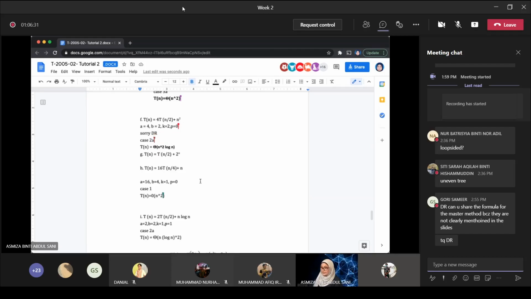Right. Okay, so for G, this is the question that just now in the morning my brain just went blank, because I got a different answer. The schema said that it is theta of 2 to the power of n, but somehow my previous working said that we cannot complete this question.